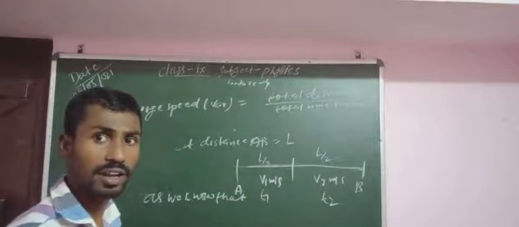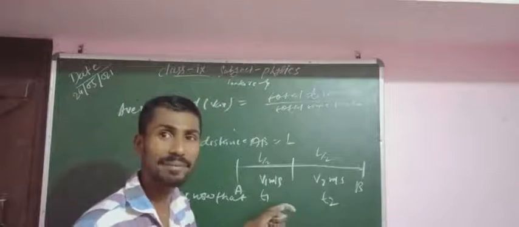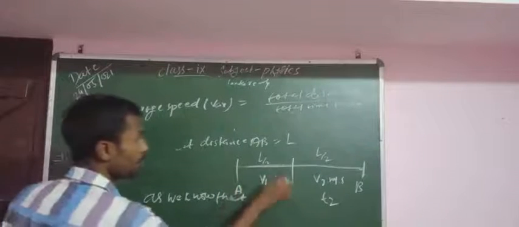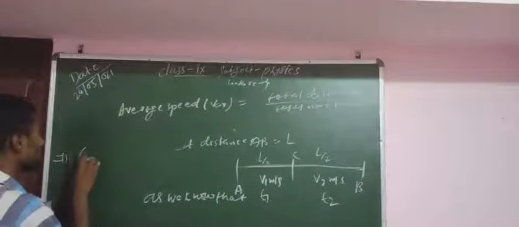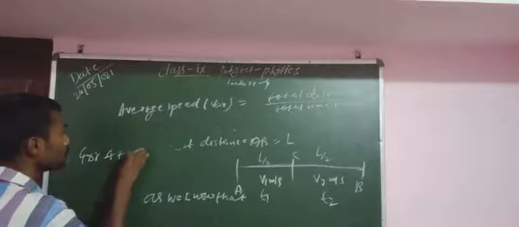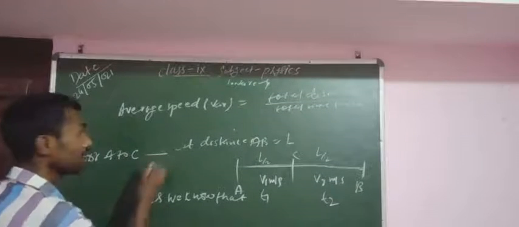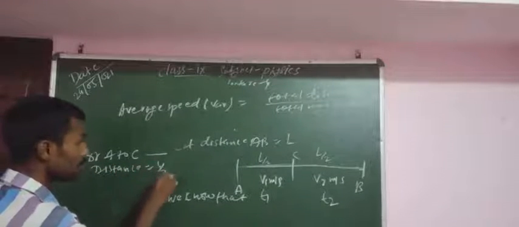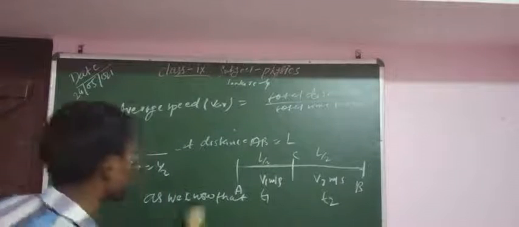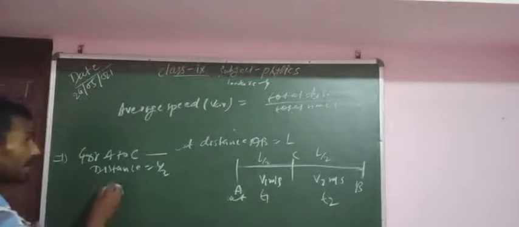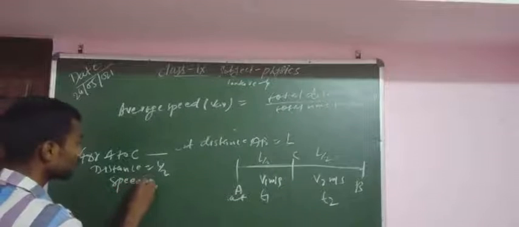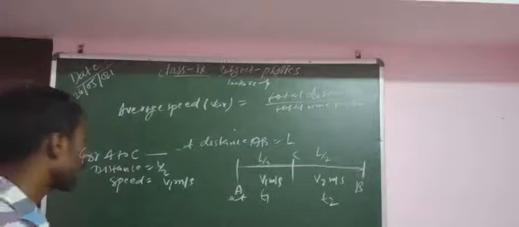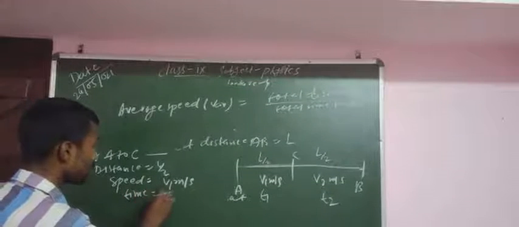In that case, we should first find out the time. From A to C, distance will be equal to L by 2, speed will be equal to V1 meter per second, and time will be equal to T1.